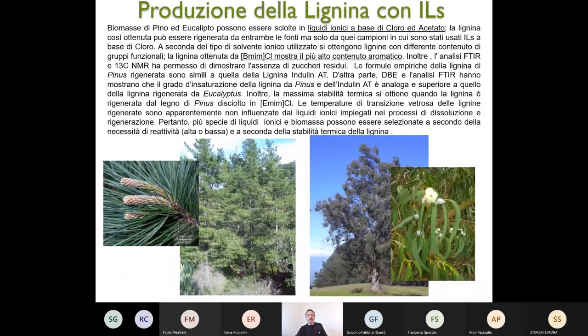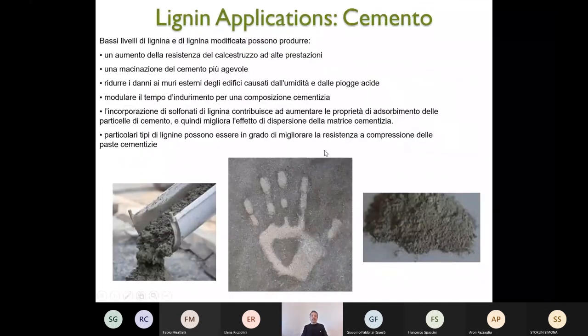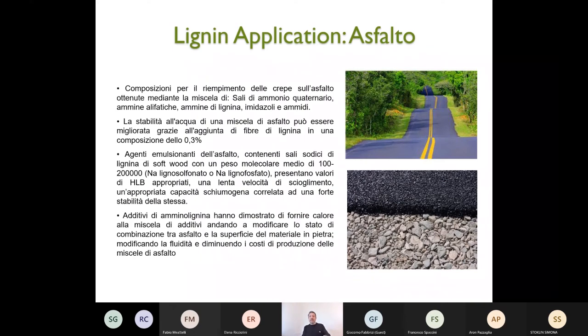You can use lignin for building materials production, and it's a possibility to give sustainability also to this kind of application. You can also use lignin as a contribution to the substances used for street realization.